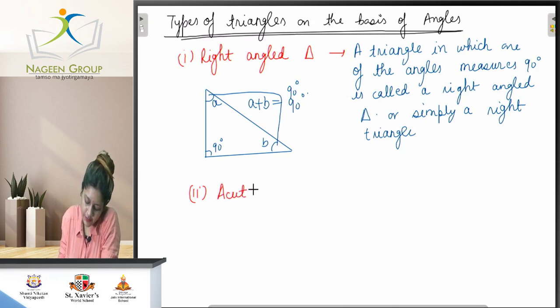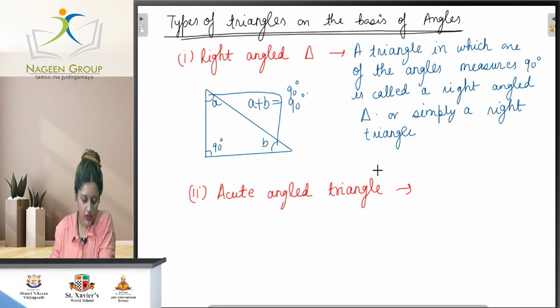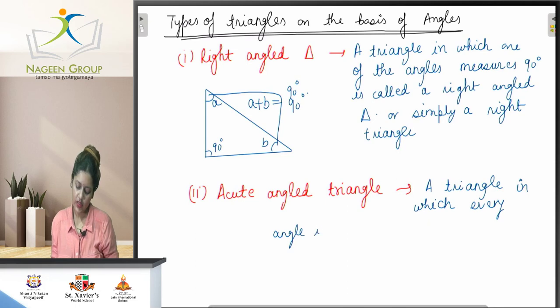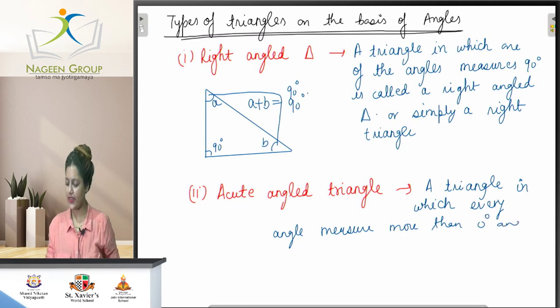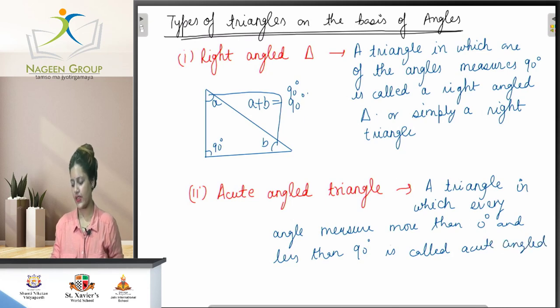Now, second one is acute angled triangle. That is a triangle in which every angle measures more than 0 degree and less than 90 degree is called an acute angled triangle.